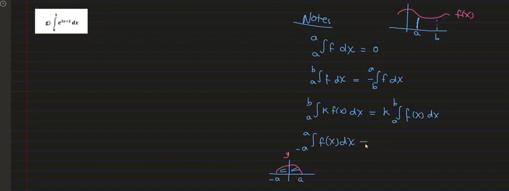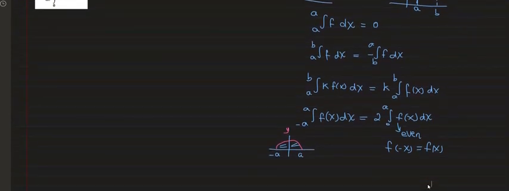So we can rewrite this as 2, and the integration turns from 0 to a, f of x dx. This always happens if this f is an even function. And even function means that f of negative x is equal to f of x. We will have some problems over this part in the next worksheet, but let's just indicate it now.